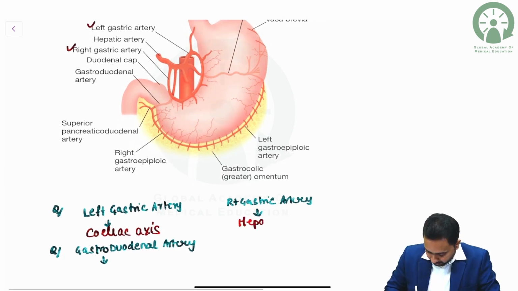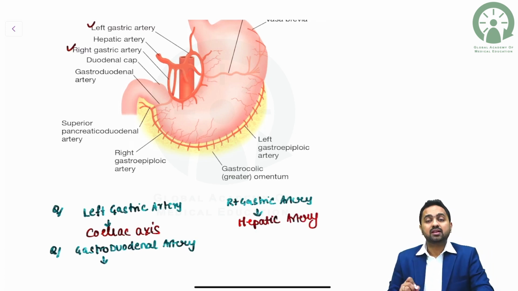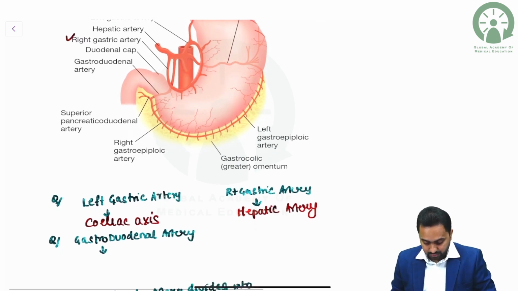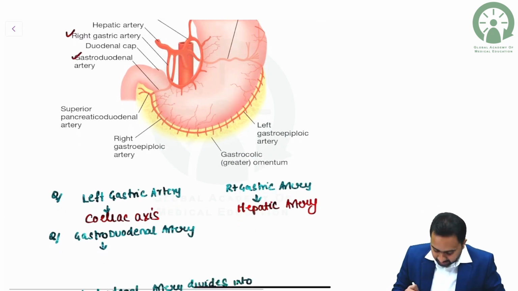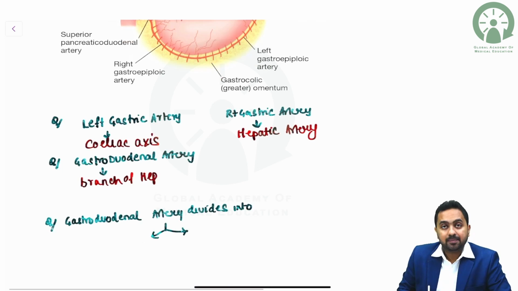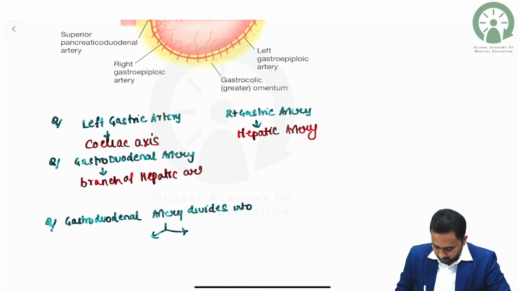Then we have the gastroduodenal artery. If you look at the gastroduodenal artery, this is also a branch of the hepatic artery which passes behind the first part of the duodenum. Right. So if you look over here, this is your gastroduodenal artery.